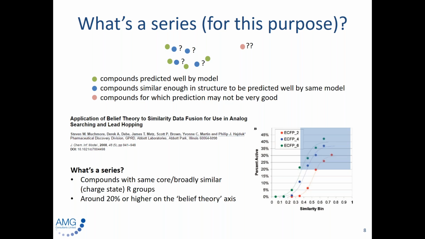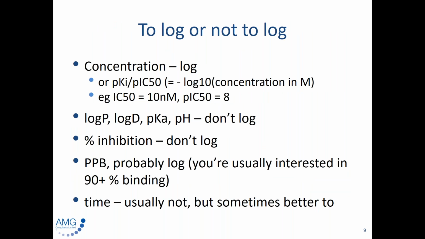In these commonly used fingerprints, ECFP4 for example, it's going to be in the 0.5, 0.6 range, roughly speaking, in my experience. So no hard and fast rules, but as an overall guideline.